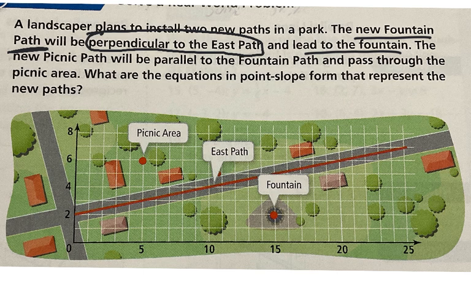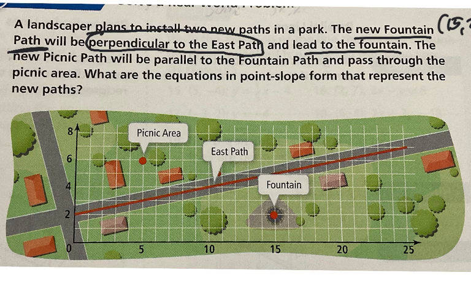The fountain path must end up here at this point. What is this point? 15, 2. So I know a point on the fountain path, which is (15, 2).